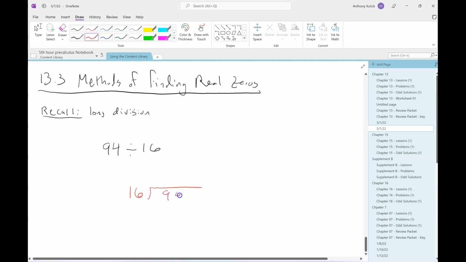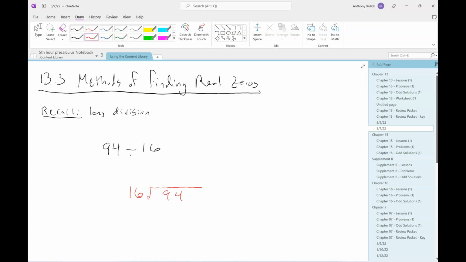The 94 goes underneath the thingy. That's good. And then what do we do? How many times does 16 go into 94 without going over, right? Now, it doesn't have to be exact. You could take more than one step to do this, but usually we try to make it exact.